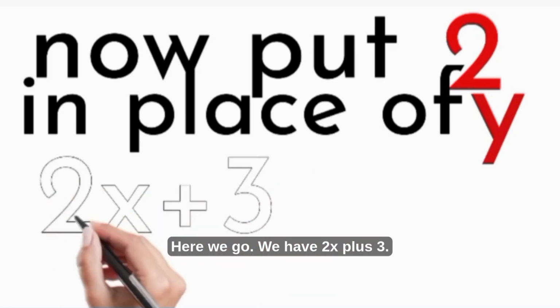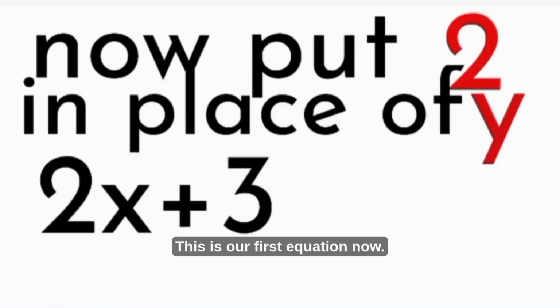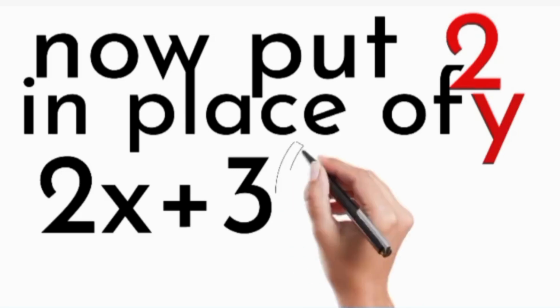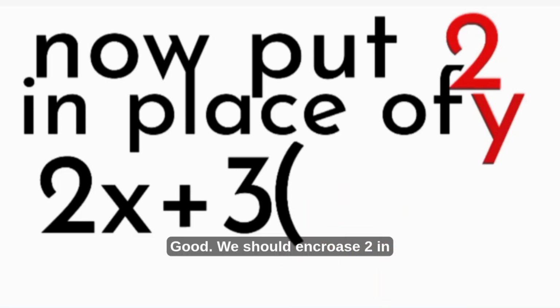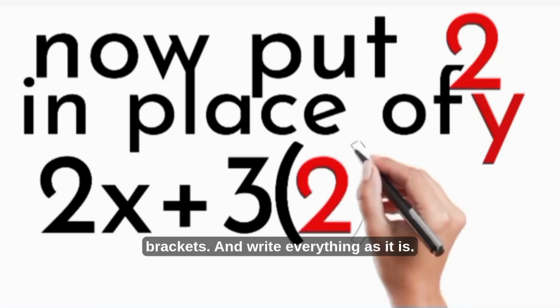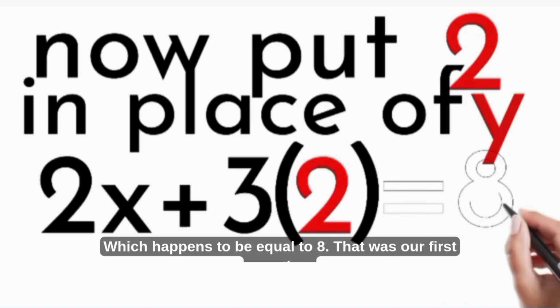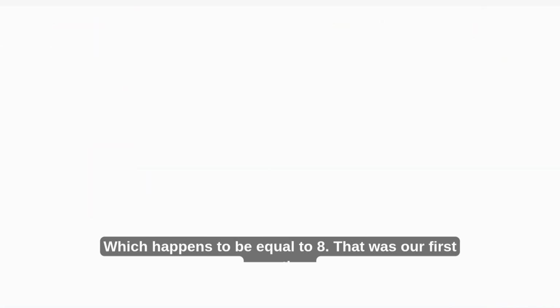Now let us see. Here we go. We have 2x plus 3. This is our first equation now. Now, what do you think we should put there instead of y? Good. We should enclose 2 in brackets and write everything as it is, which happens to be equal to 8. That was our first equation. I hope you are getting it, guys.